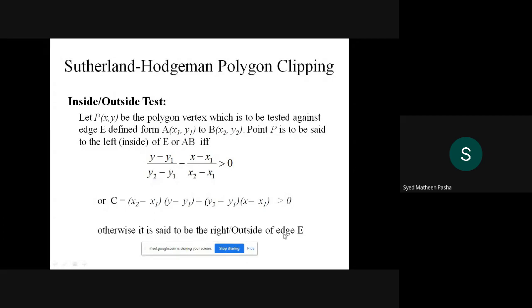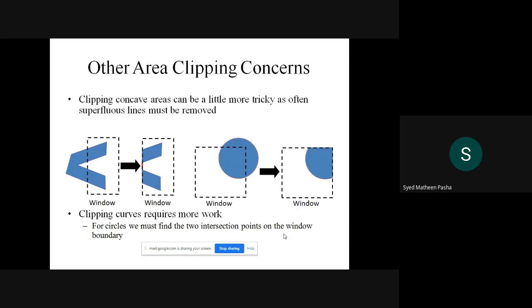That is, the polygon is represented outside the window. So this is one of the cases and tests with respect to polygon clipping.